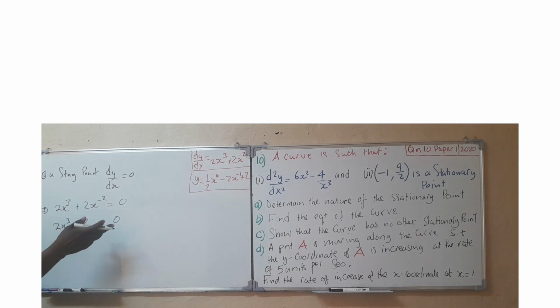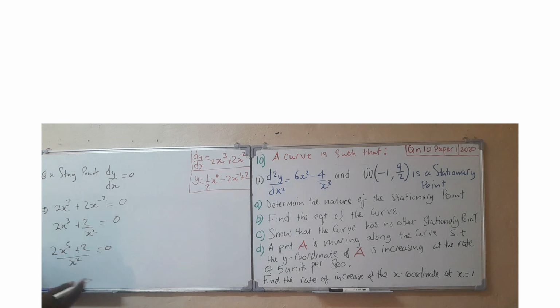Making x squared the common denominator, you have 2x to the power 5, I'm multiplying here by x squared, plus 2 here, all divided by x squared is equal to 0. You see there, I just made x squared the common denominator.